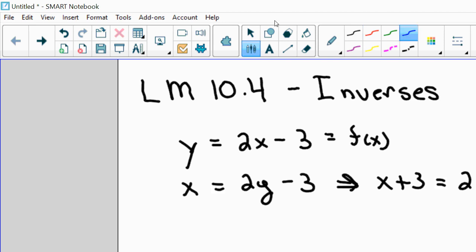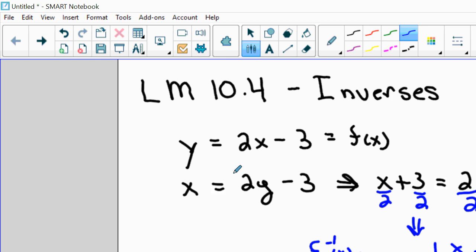You can do it slightly differently, or you can just divide both sides by 2. I'm going to divide each individual term by 2. I get y equals 1/2 x plus 3/2, and we call that f inverse of x.